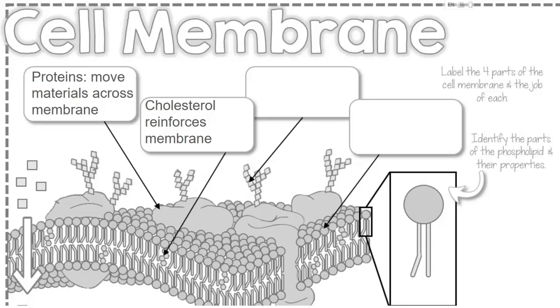That seems kind of counterintuitive, but cholesterol is another type of lipid, and it kind of hangs out within the hydrophobic area of the membrane, and it provides extra strength in the membrane, kind of holds it together. Without cholesterol, the lining of our veins and arteries would get really rigid. So we need cholesterol in our diet.